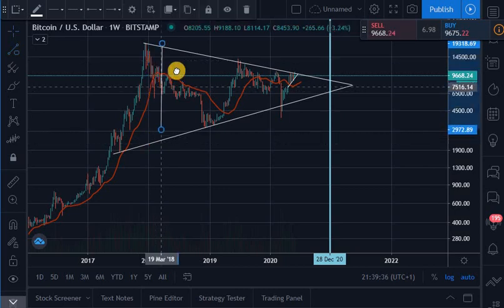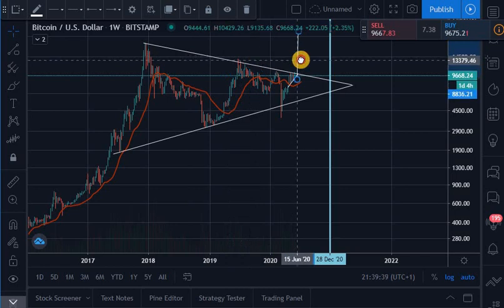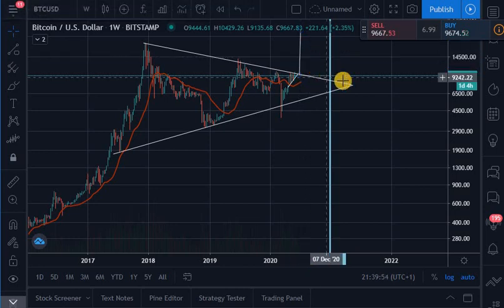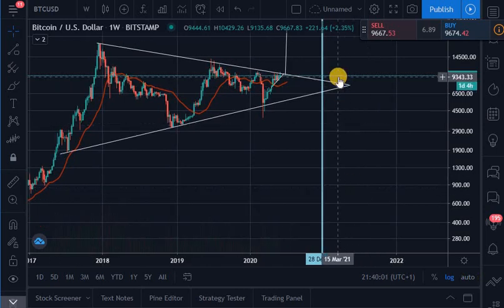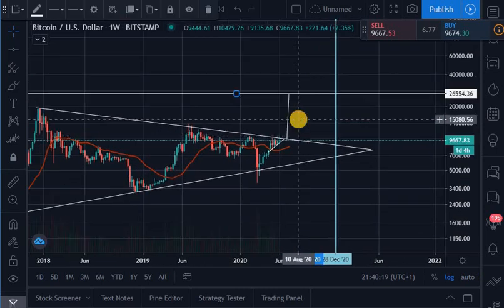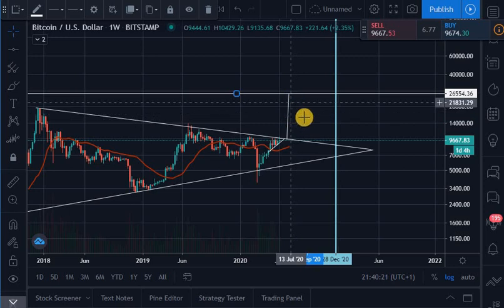Then you take the line and place it on the point of the breakout. So this is where I am going to place my line for where I think the price is going to break. Now this is going to be the price targets of this pattern.